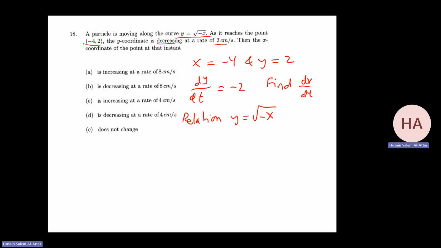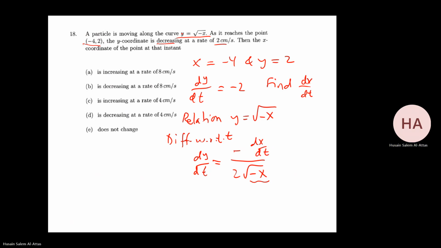y equals square root of -x. So differentiate with respect to t. You get dy by dt equal 1 over 2 square root of -x, times the derivative of this, which is minus dx by dt. So this is given, this is given, and this is what we are looking for. So put the numbers.